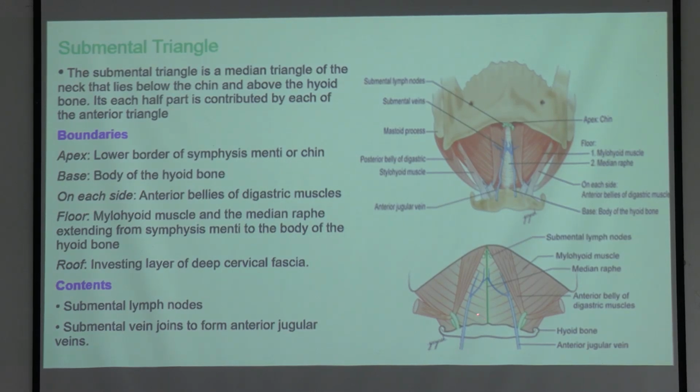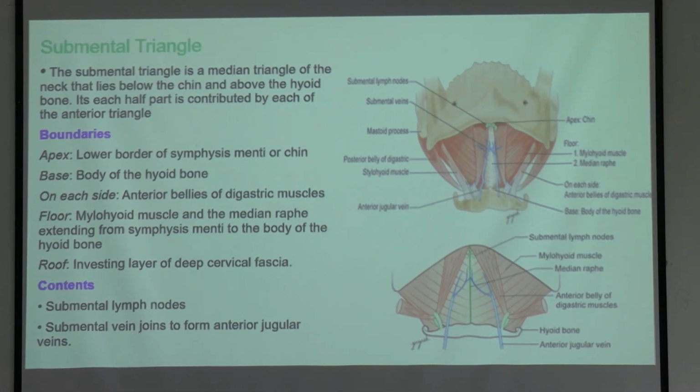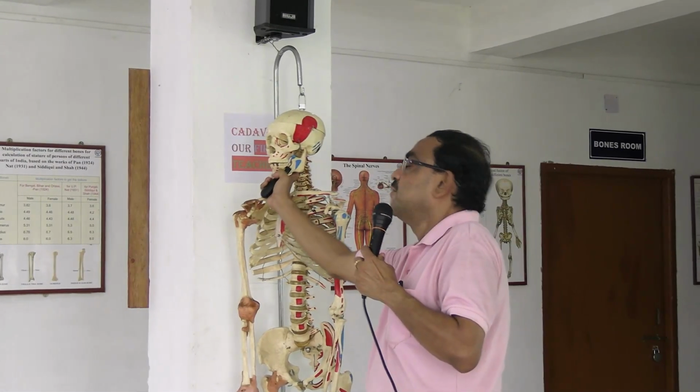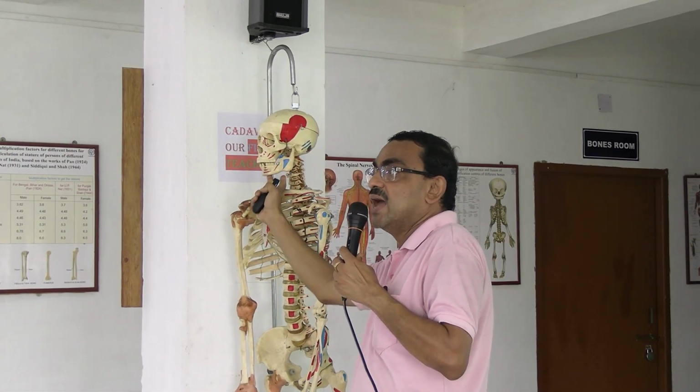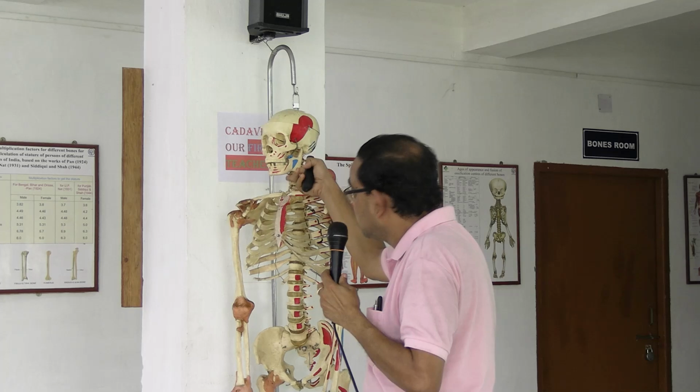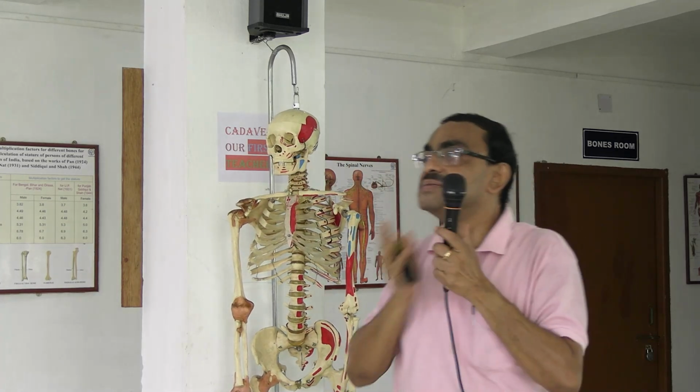That muscle is from the hyoid bone up to the mandible, which is called mylohyoid. There is a mylohyoid line we can get in the mandible. This is the mylohyoid line on either side, from here to the hyoid bone, one muscle, the mylohyoid muscle.